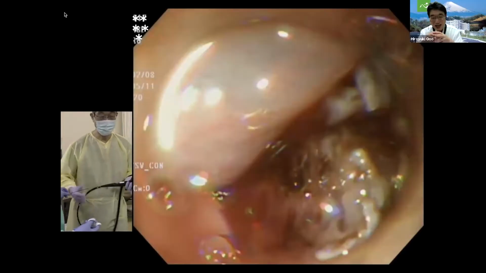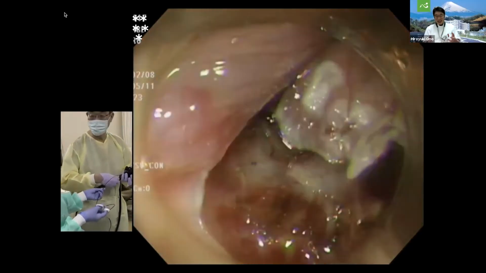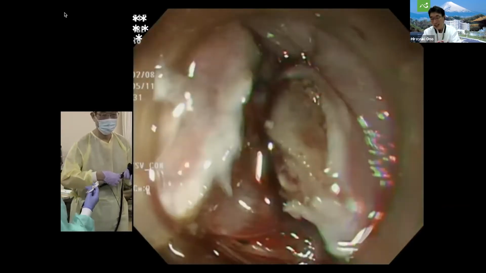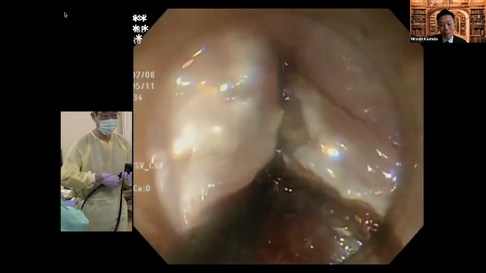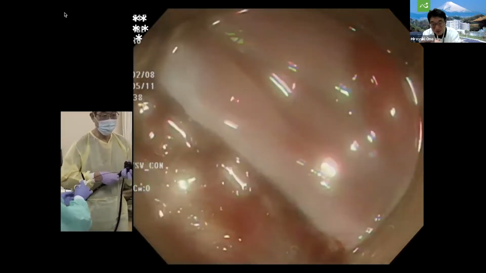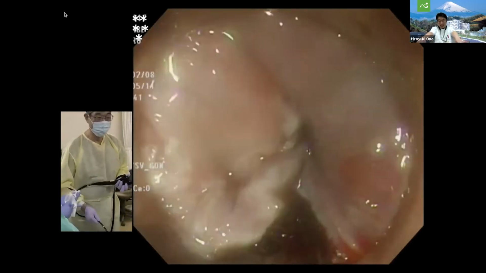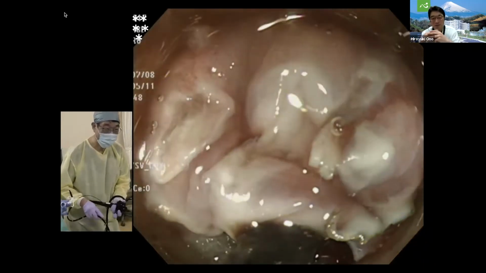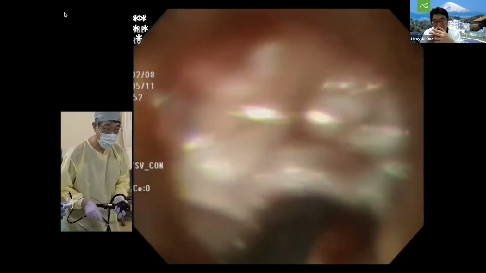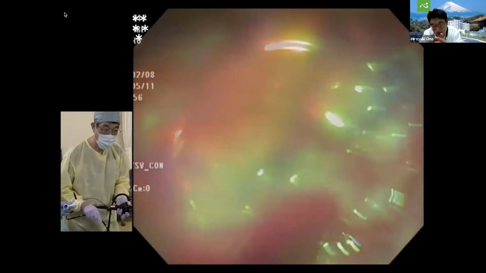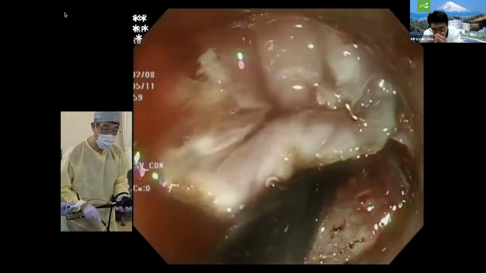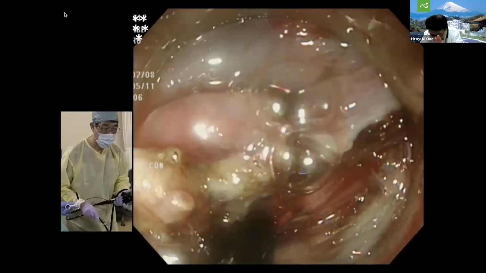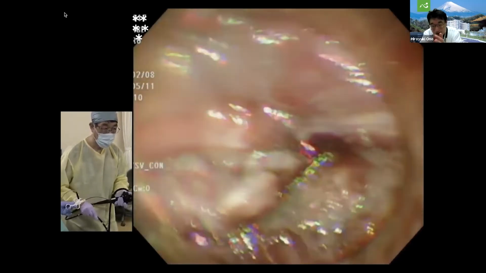But in this situation, my mental state was not so calm, so I continued without clipping, without the traction method. But after that, I decided to use the traction technique. I have made many perforations in ESD, but at that time my mental state is usually not calm.